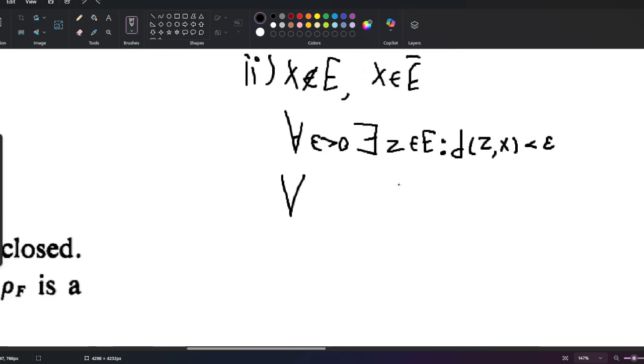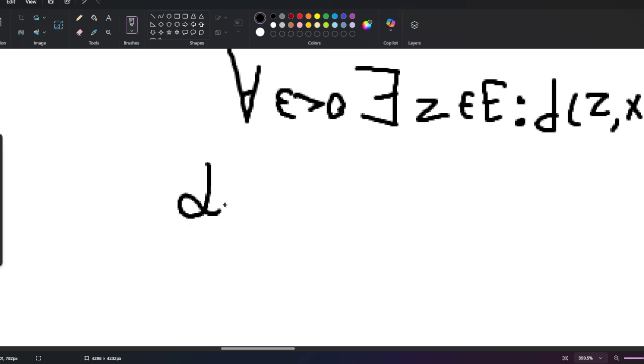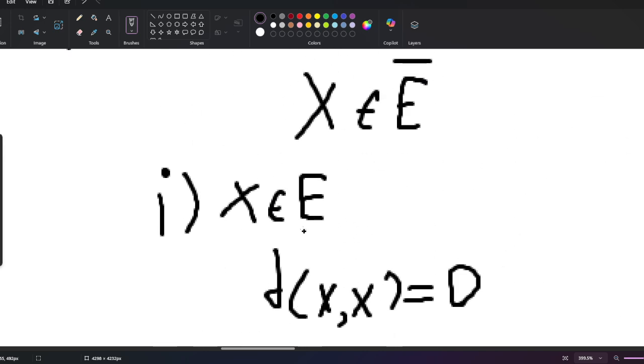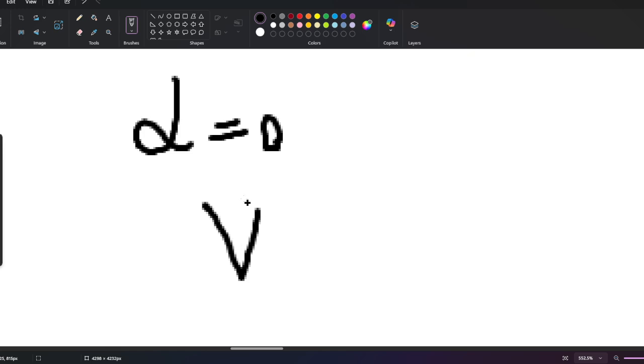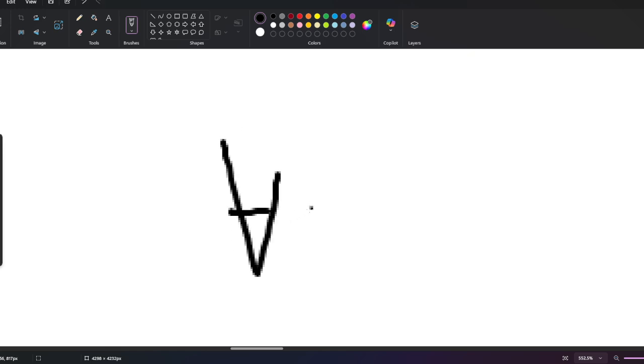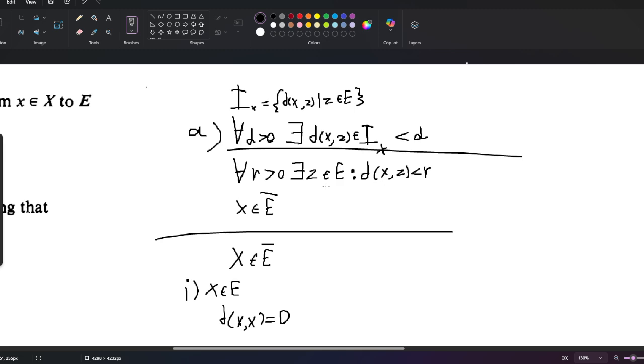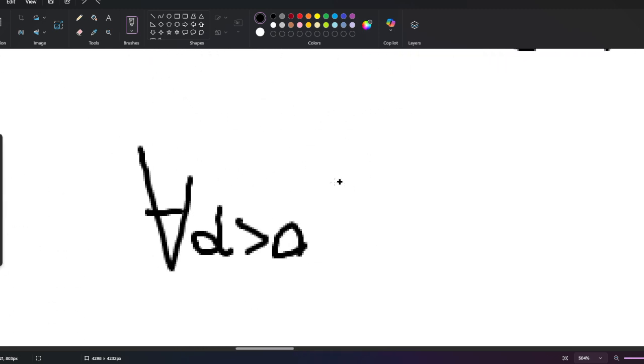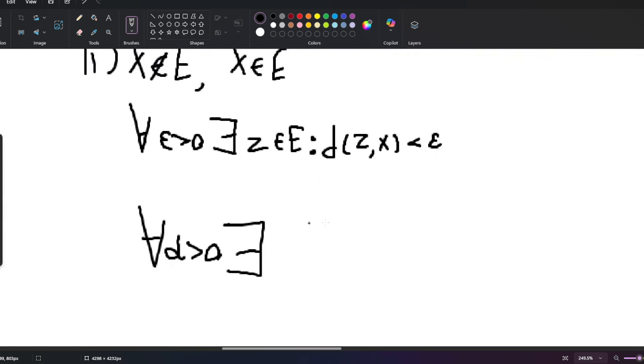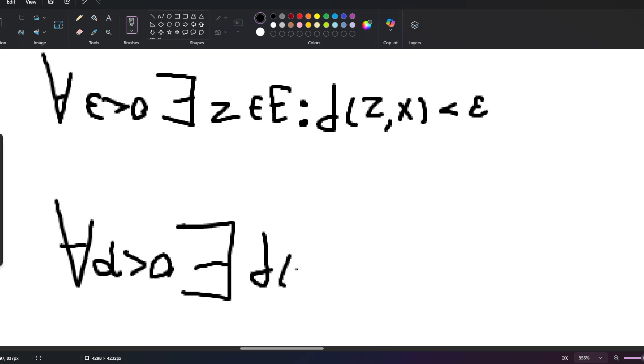Okay. So let's take alpha as 0. Actually, for every alpha greater than 0, here we're working in a similar way as before, there exists d(z,x) belonging to I_x.